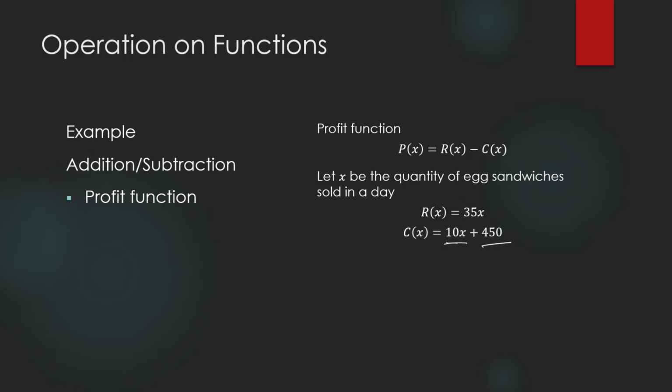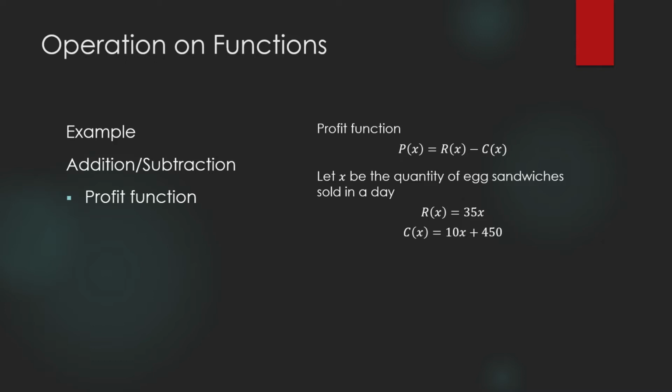This is the fixed cost. So maybe in this hypothetical snack bar, you are employing only one person and you are paying that person 450 pesos in a day. Maybe that is the minimum wage in your region. So C(x) is your cost function.